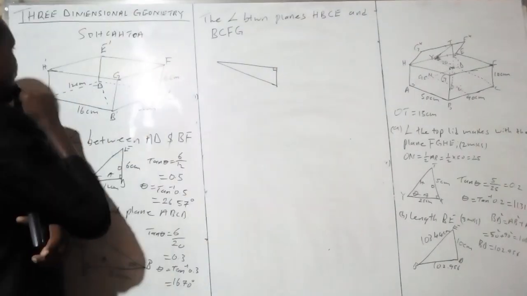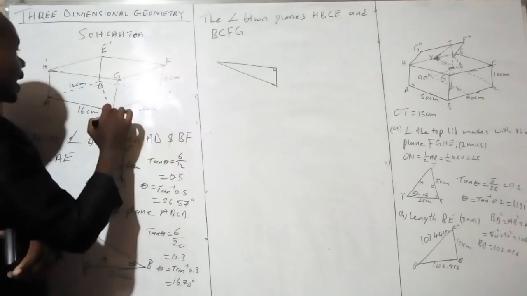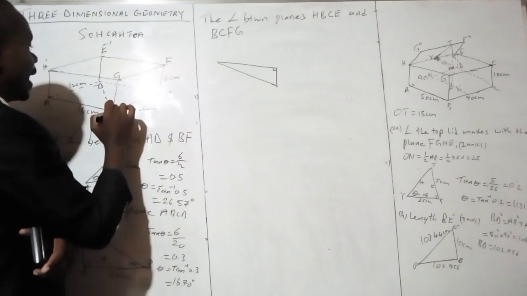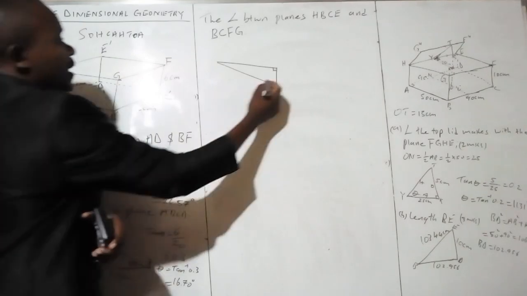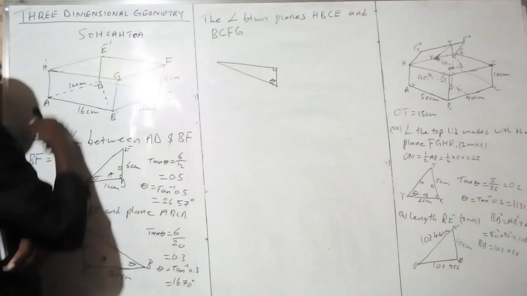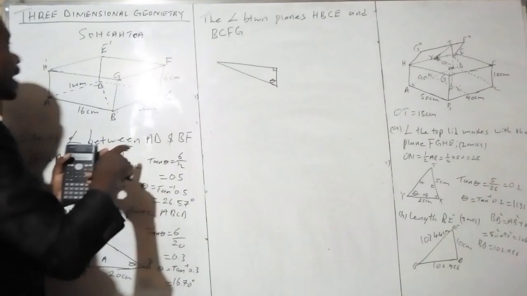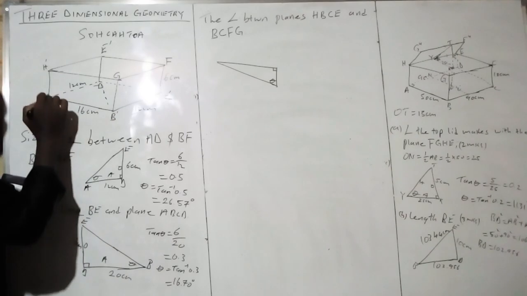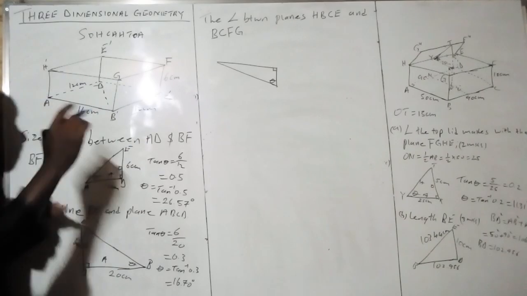BC and B, C, F, G. Yeah, so it's this angle. It's that angle. H, B, C, F. Yeah, it's like a half passing through BC. A half of HAB triangle H. Yeah, it's like we are going to have two triangles.